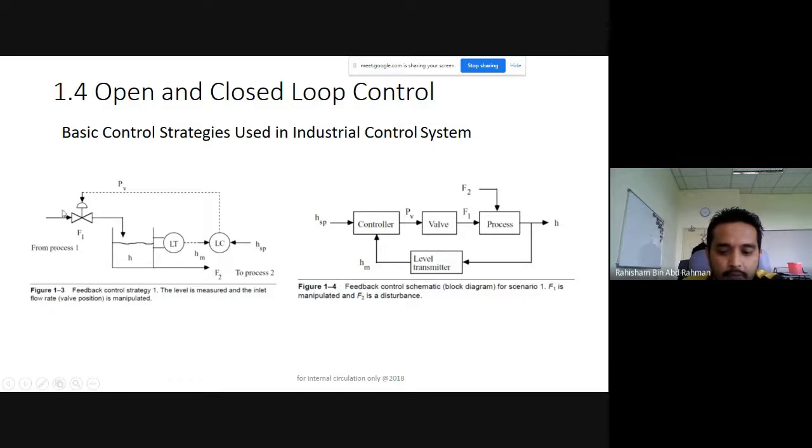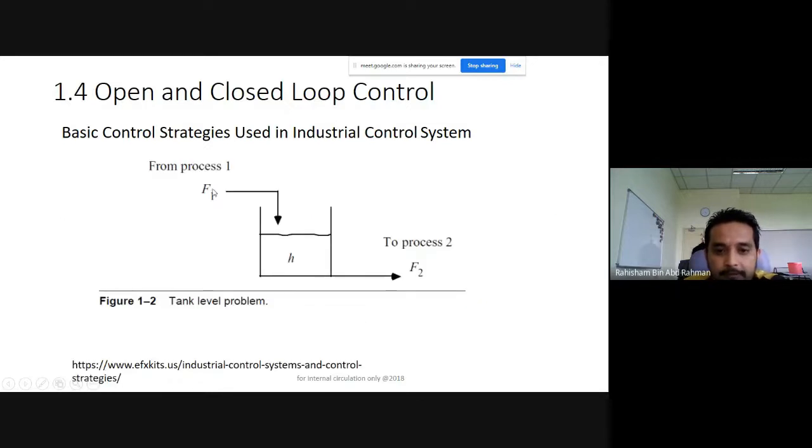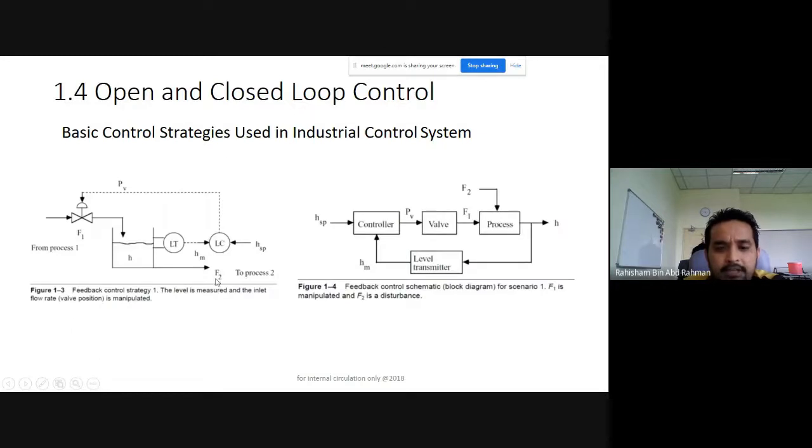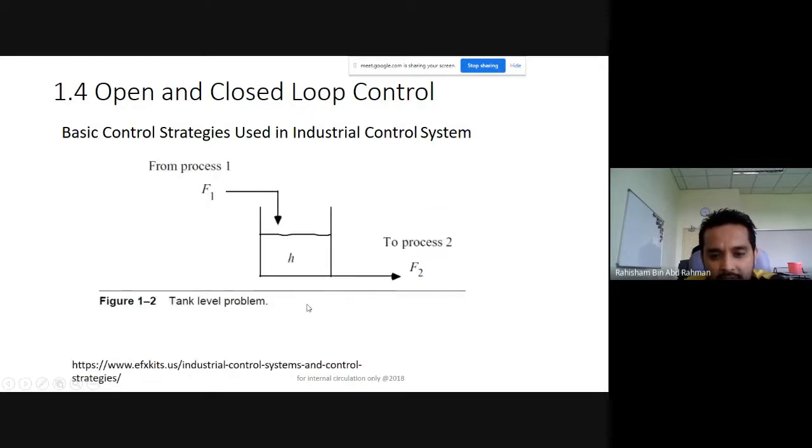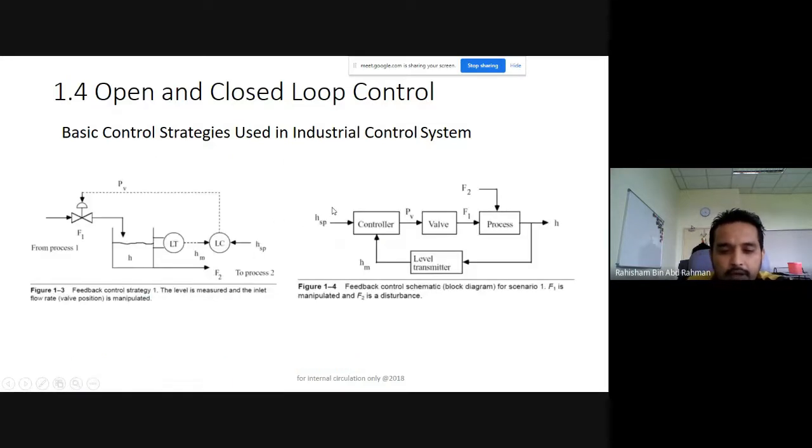First we have this problem, a tank level problem. Very simple. Please propose for the tank level problem an on-off, open loop control, feedback control, and closed loop. These are the examples.